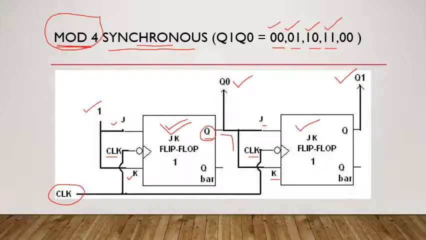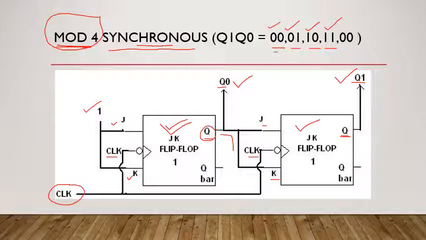So the output of the second flip-flop will be controlled by the output of the first flip-flop. And what other connections? We are taking Q0 and Q1 as the output from both the flip-flops to generate the counts. So let us see the working for this particular counter.